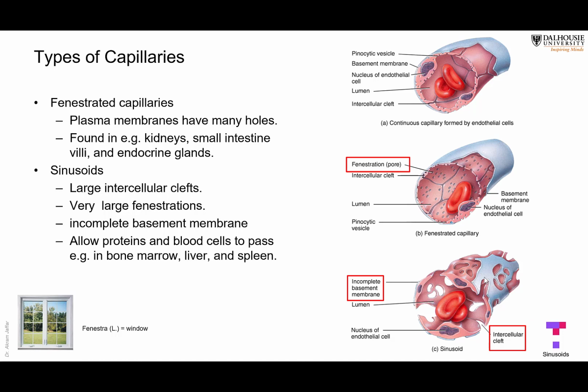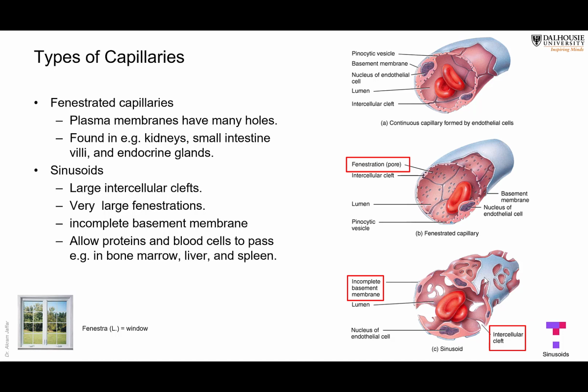In the bone marrow, the blood cells that are produced there can have easy access to the circulation. In the liver and the spleen, the worn out RBCs, for example, will move out of the circulation and will be phagocytized by the cells of the lymphoid tissue, as we will see in the next lecture.